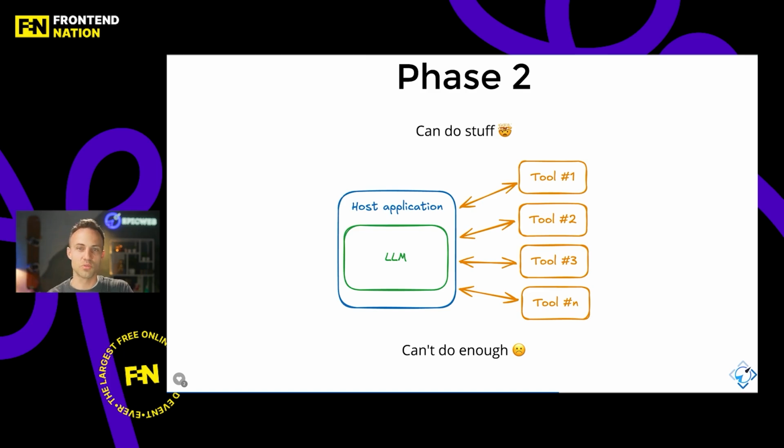And with this tools architecture, people still can't build their own individual tools and use those with ChatGPT or with Claude. Sure, you can build your own wrapper and integrate with your own stuff, but people don't want to do that. Again, they want one assistant, and that assistant is either Claude or ChatGPT, one of the big players, or Gemini. So it can't do enough.